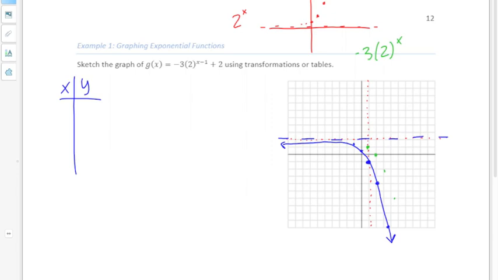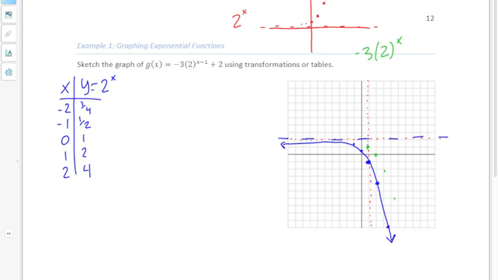I'm going to pick numbers. What I really want to do here is just start off with the basic one. Okay, so I'm going to let y equal the base function, which is 2 to the x. And if I do that, I get 1/4, 1/2, 1, 2, and 4. And what we're going to start doing is just building what g of x is.